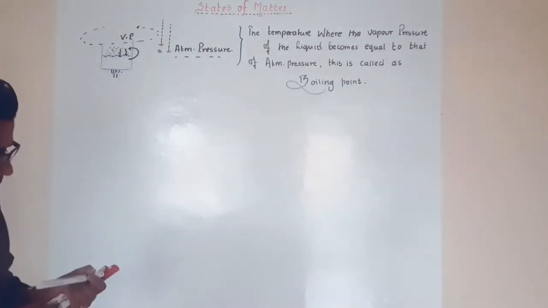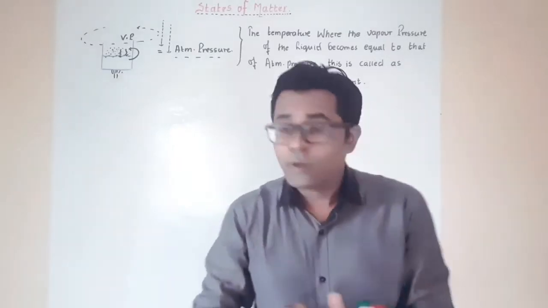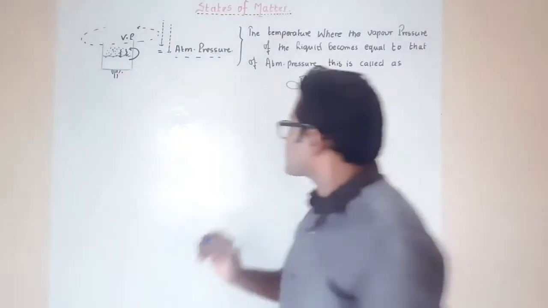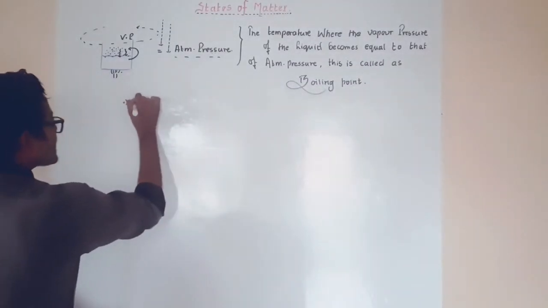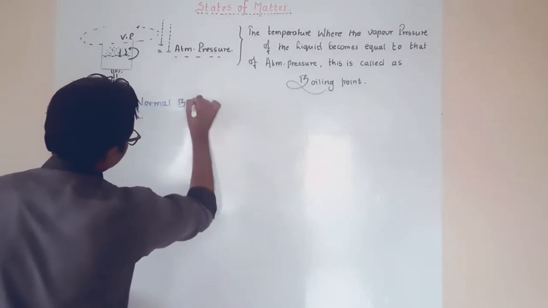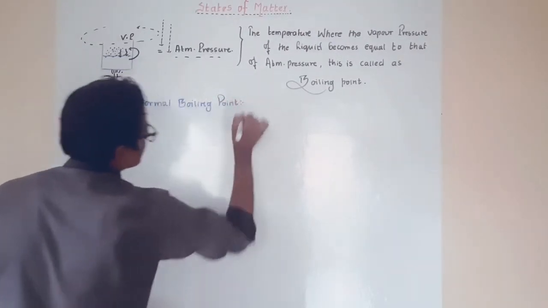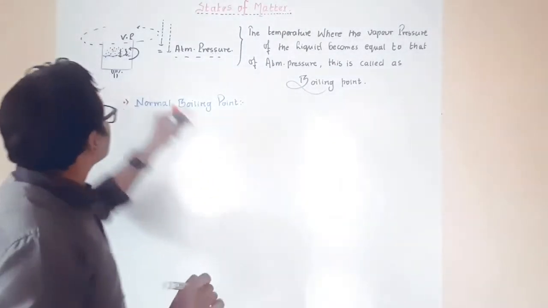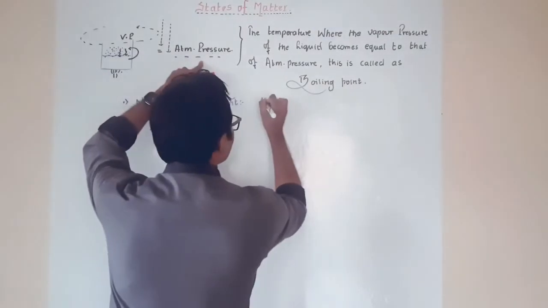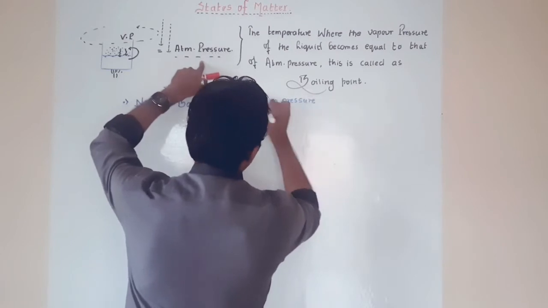Right? Now, there are two types of boiling point if we have to understand this very well. It all depends upon what the pressure is, or how this pressure is measured. So we have the first one, which we call the normal boiling point. At the normal boiling point, the pressure that we are measuring is taken in the form of atmospheric pressure.